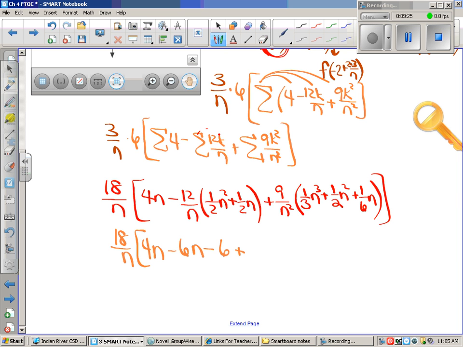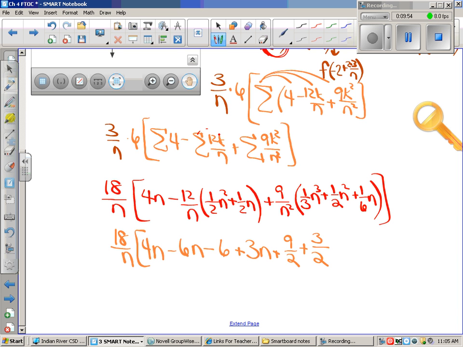Plus 9 divided by 3. 3, your n squared cancels the 2 of those, so that leaves me with a 3n. Plus, we have 9 halves. That's not pretty, but n squareds cancel out. That's as nice as that goes. Plus 9 over 6. I'm kind of hoping that you all are all right with the fact that they both can be divided by 3, leaving you with 3 over 2.